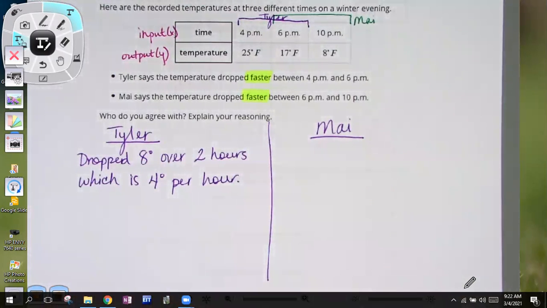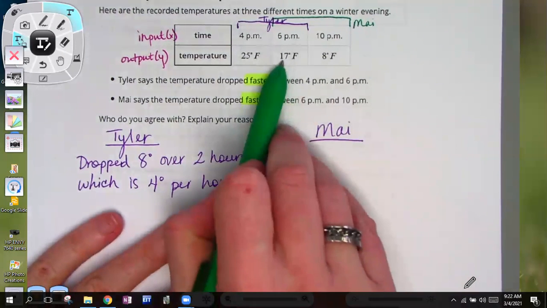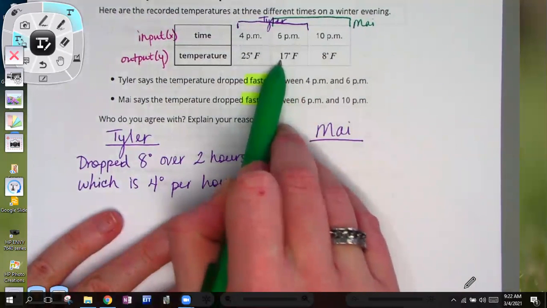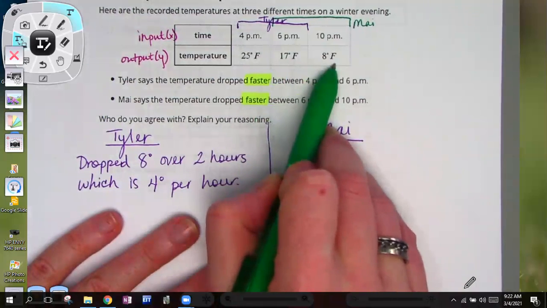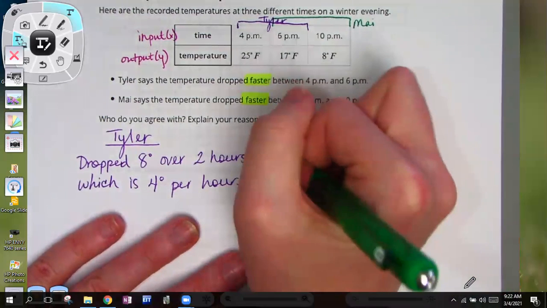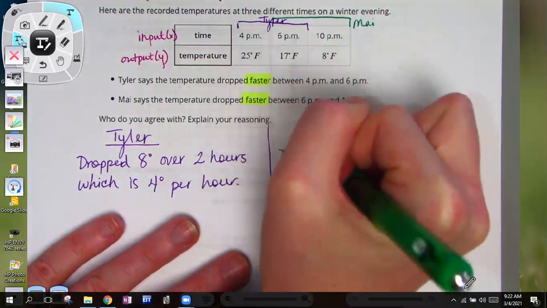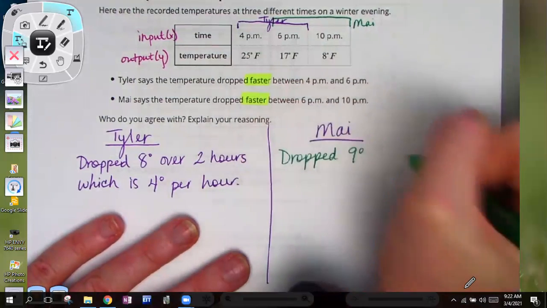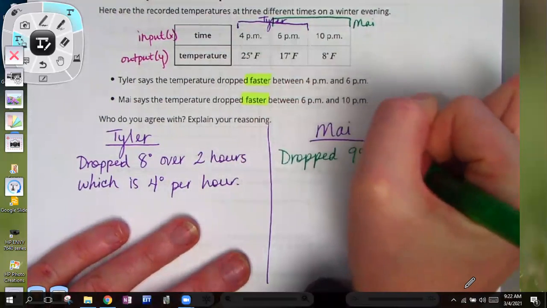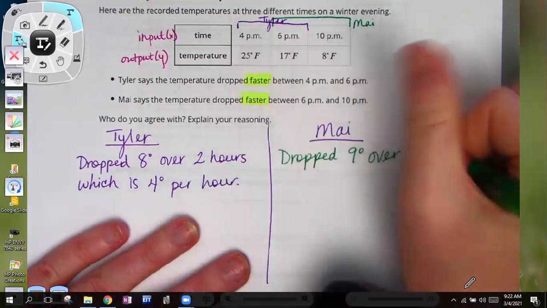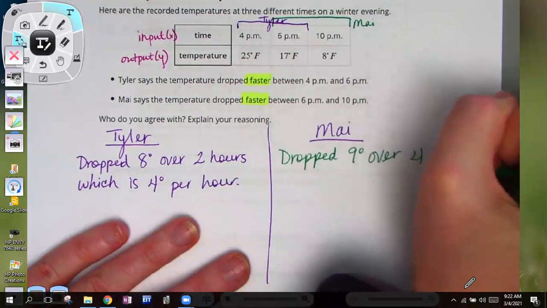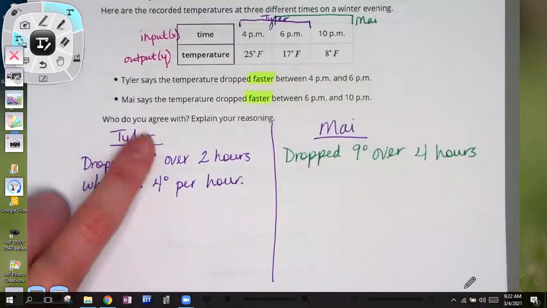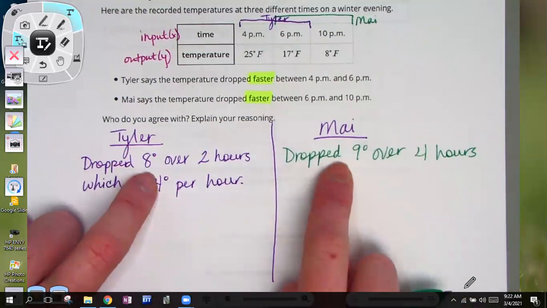And if you didn't understand what it meant by faster, you may have said, okay, well, it went from 17 degrees to 8 degrees, which is how much? It dropped 9 degrees over 4 hours. Okay, so you say, oh, Tyler's dropped 8 degrees, May's dropped 9 degrees.